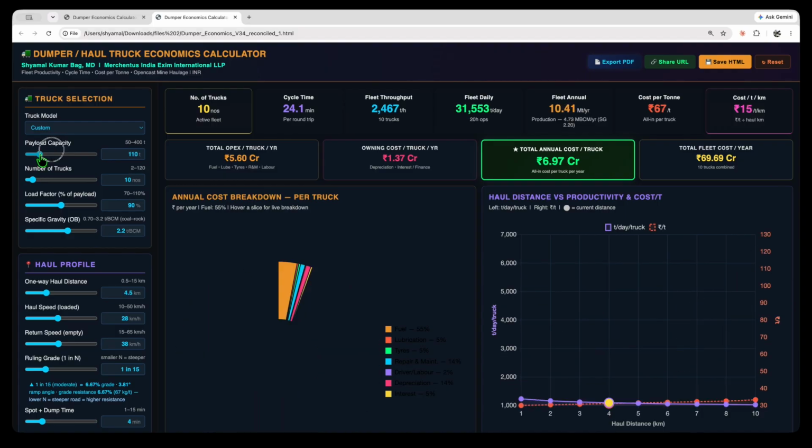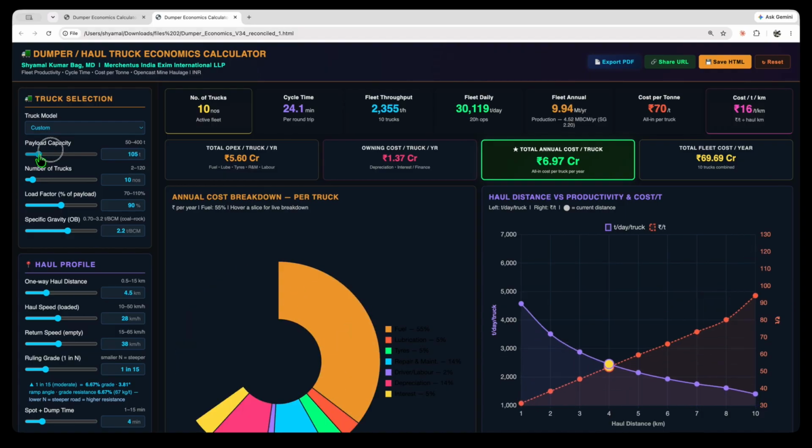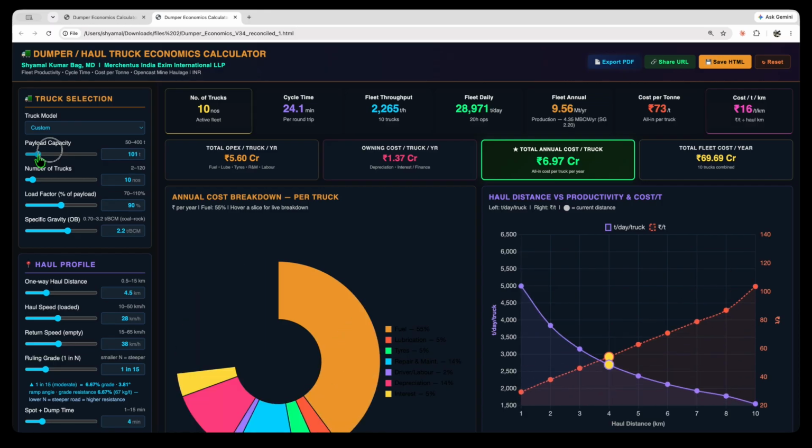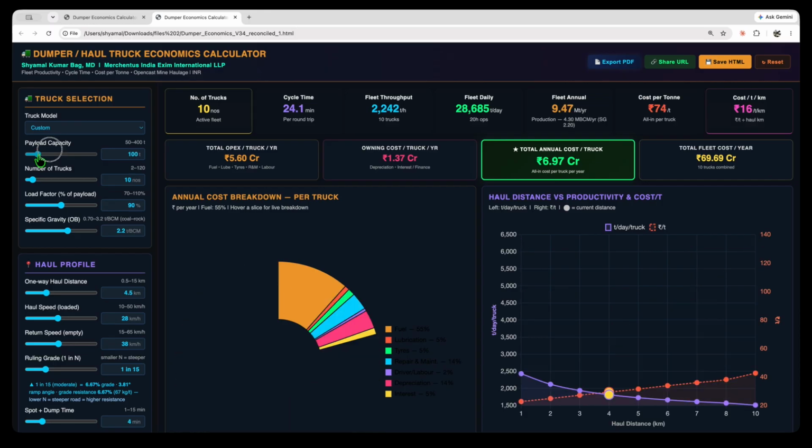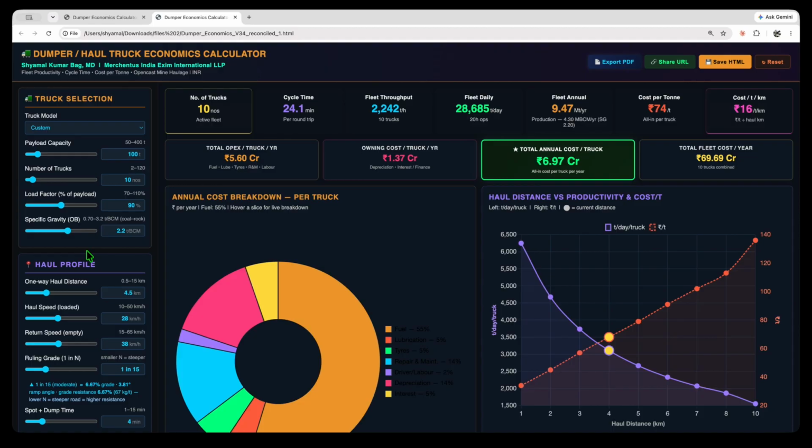Like, say here I am choosing a 100 ton dumper. Payload capacity is the rated tonnage. By dragging this slider you can change the capacity of the dumper.